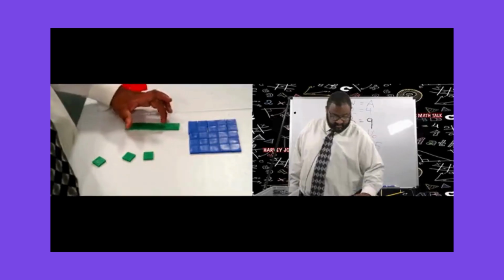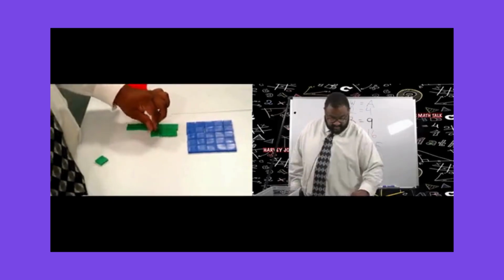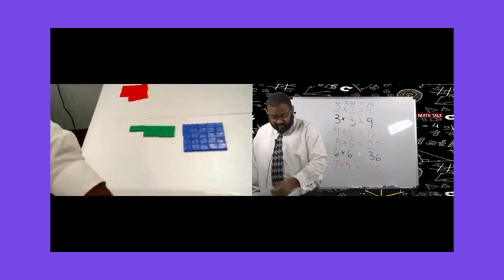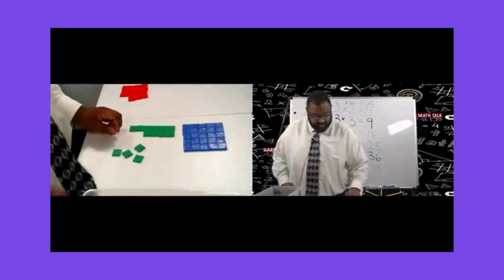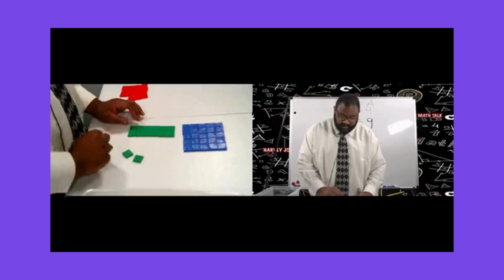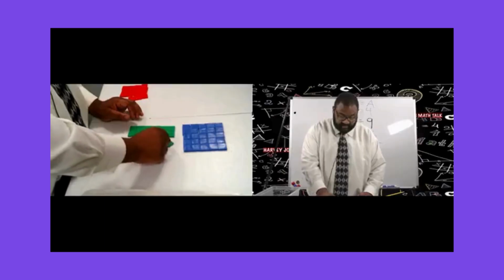There's one column of 6. 1, 2, 3, 4, 5, 6. Man, I love doing this right here. The cool part is we're still talking about area and perimeter.